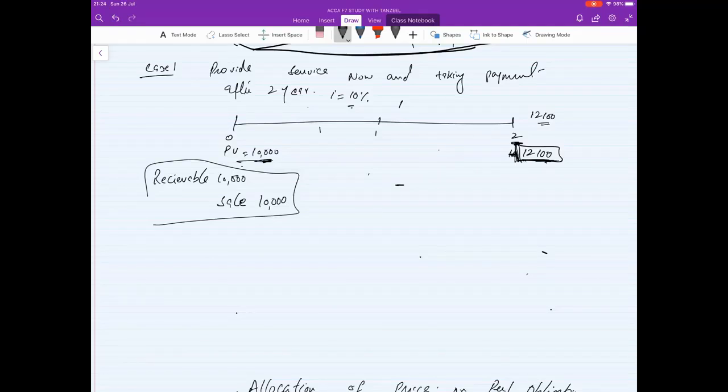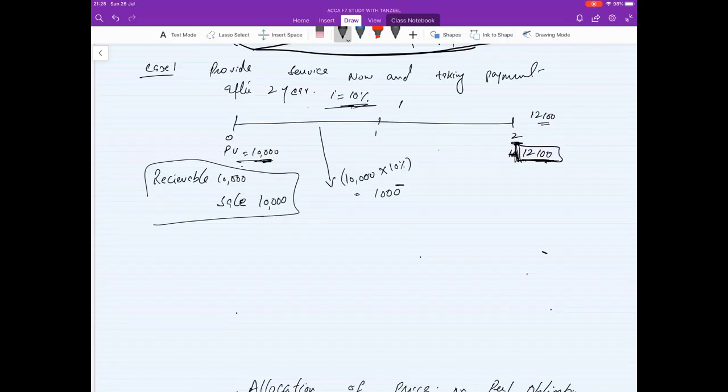By the first year, by 12 months, I will calculate the present value. If you take the interest rate as 10%, 10% of this means you will have 1000 as interest.